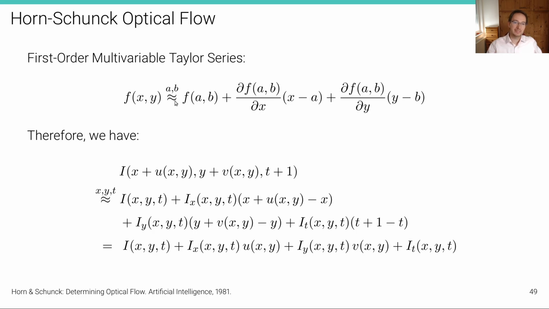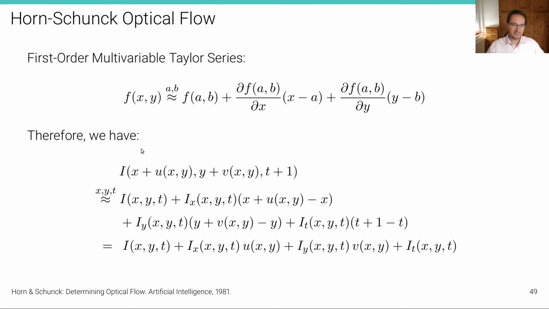It is approximately, if I don't consider the quadratic and higher order terms, the function at a and b plus the gradient in x direction times x minus a plus the gradient in y direction times y minus b. So it's really just a linear approximation to the function f at the location a and b. So this is something that we are already familiar with.